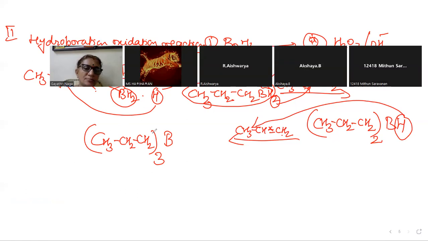Now the last step is, you just break this using hydrogen peroxide. 3 moles of hydrogen peroxide you need in the presence of a base. It's a base catalyzed reaction. Now what happens? You break this hydrogen peroxide.